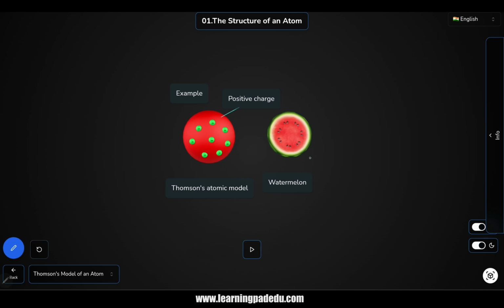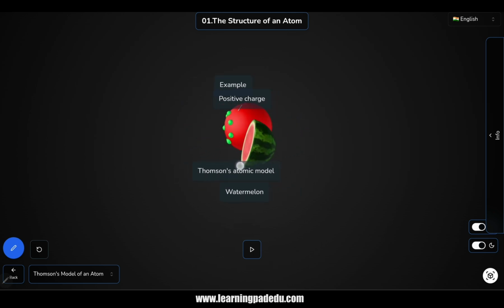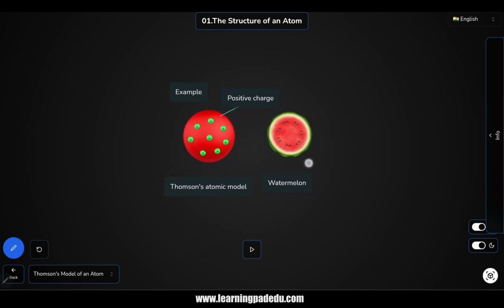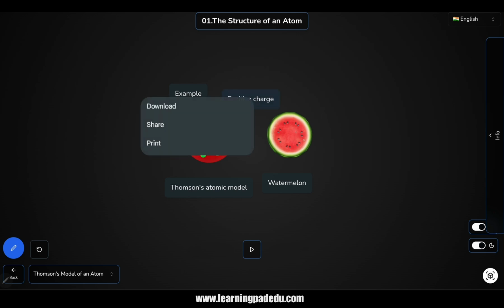You can see here half a watermelon, and the red spongy part which you see is the positive charge, right? And the black seeds which you see are the electrons. So he compared the structure of an atom to that of a Christmas pudding or a watermelon.